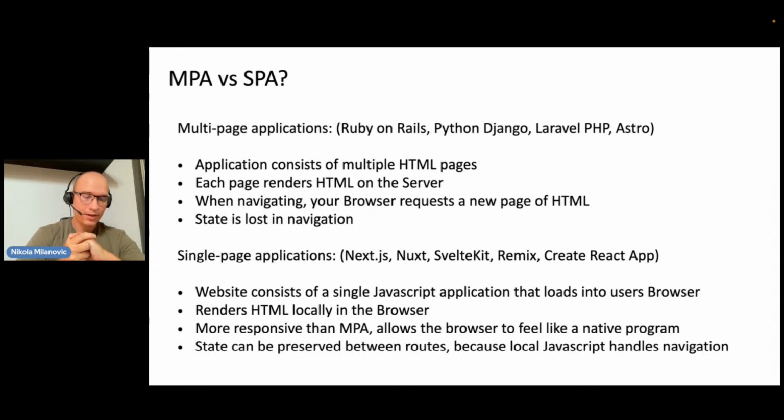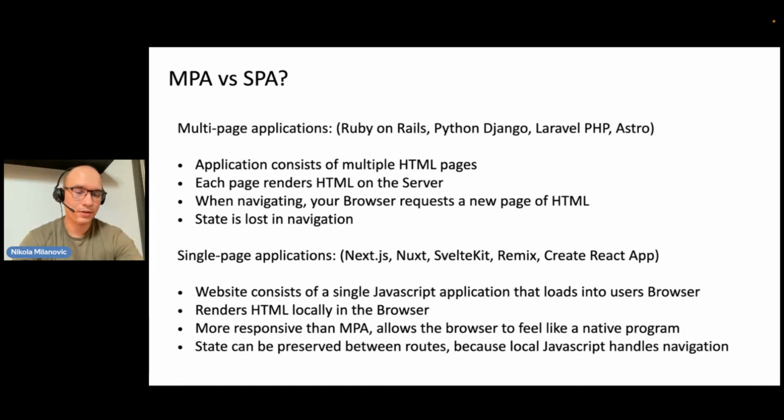So if you had any state, any user input, when you change pages, because it gets a new HTML document, you lose the state. And this was basically the way to go about creating websites 10, 15 years ago.